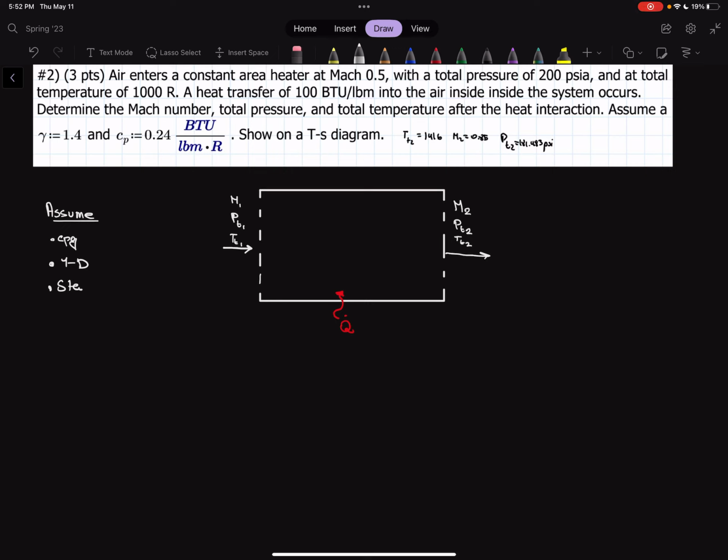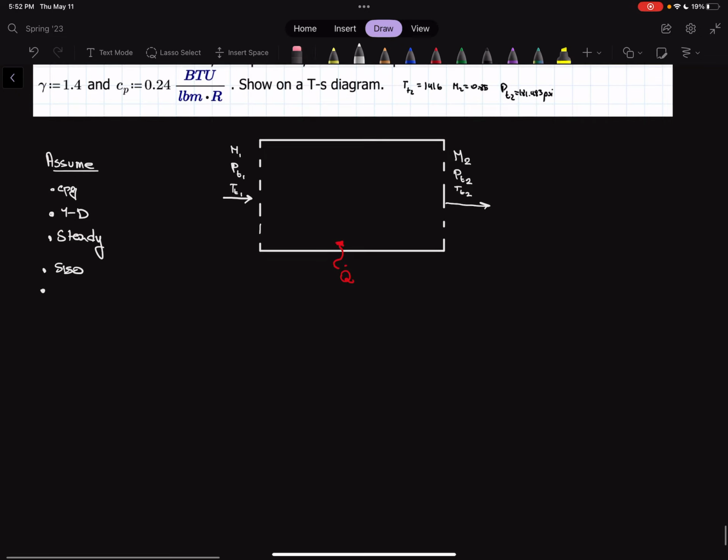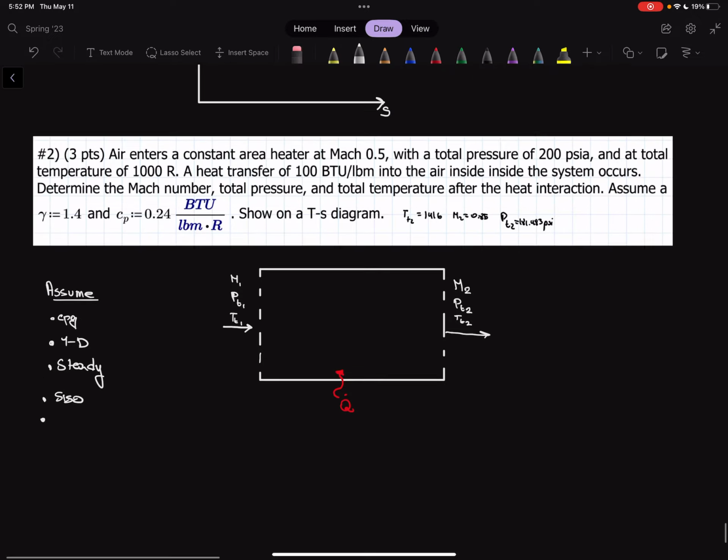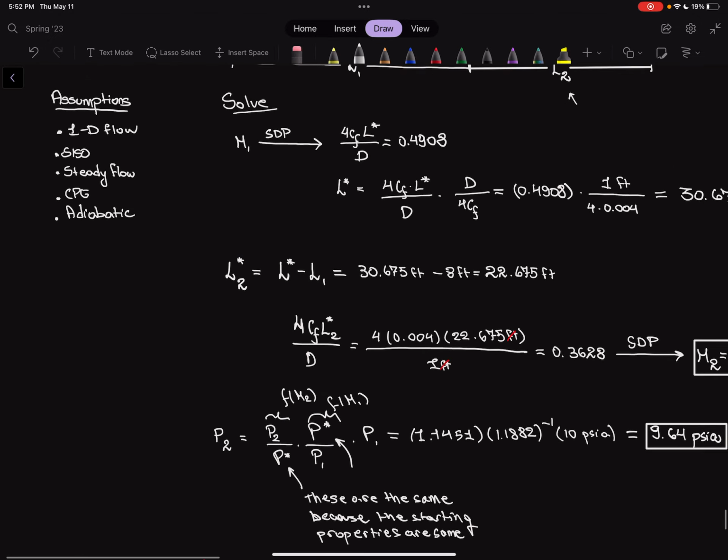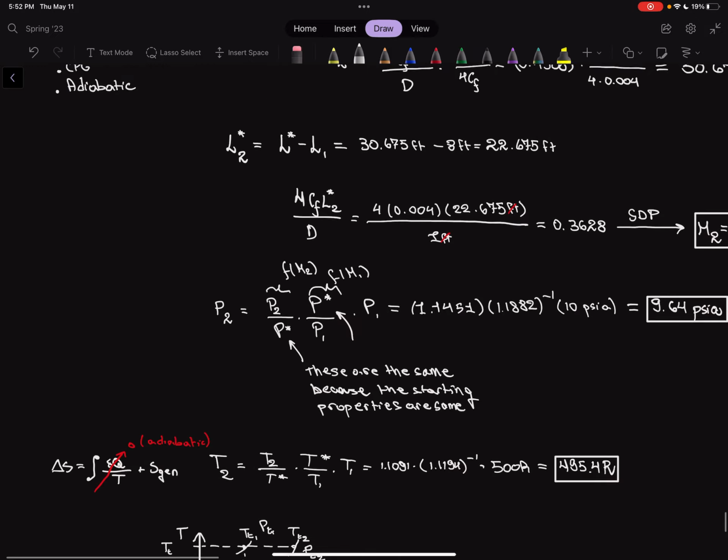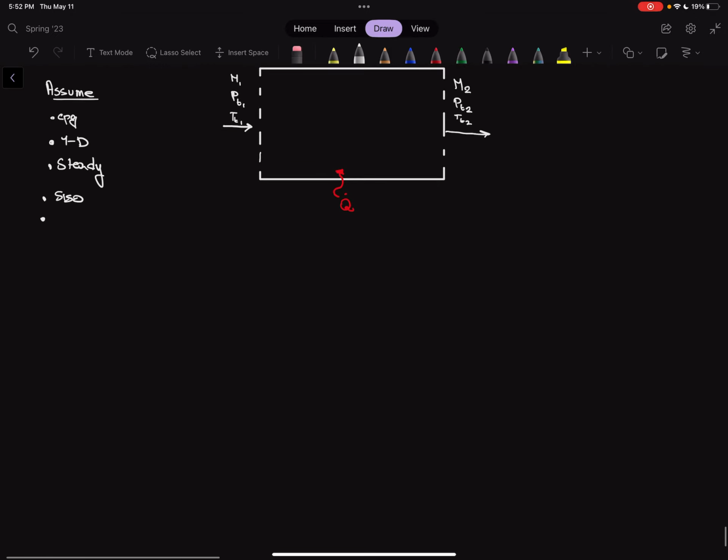Steady, and that's going to turn out to be very useful. CISO, single in, single out, that's also going to be very useful. Single in, single out, steady, 1D, CPG, and what else? Am I forgetting something? It's not adiabatic, but we're assuming it's isentropic.